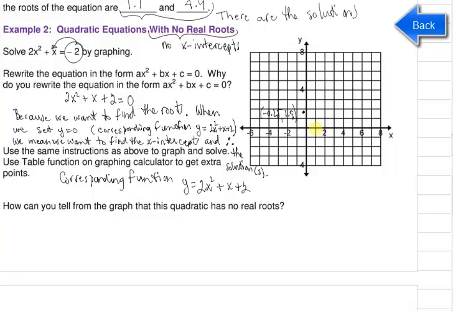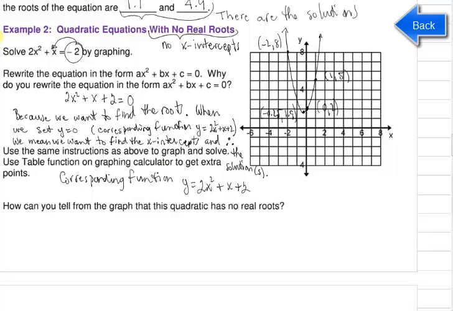I found one point when x is 1 and y is 5, so here is 1 and 5. And my second one I found was -2 and 8, which is here, so we can just join those points and graph our parabola. All right, and one other point, almost forgot, our y-intercept at 0 and 2.